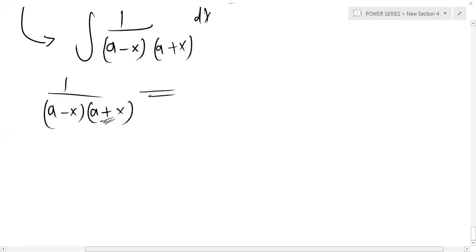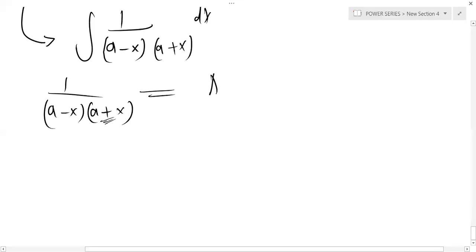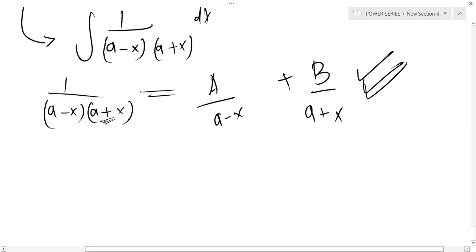Okay, guys, I want us to go over it again. If we resolve this into partial fractions, it's supposed to be a over a minus x plus b over a plus x. That's how it's supposed to be. So we will be looking for the values of a and b that make this possible.